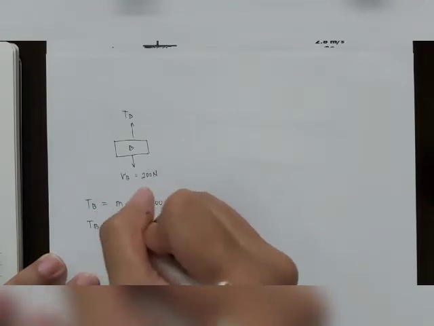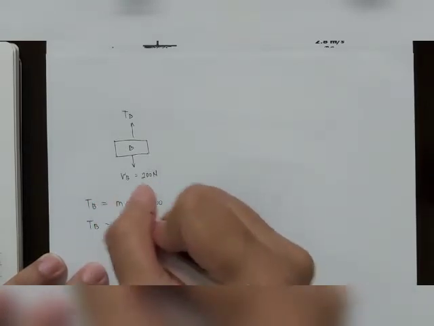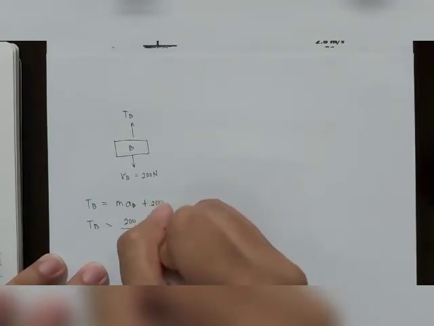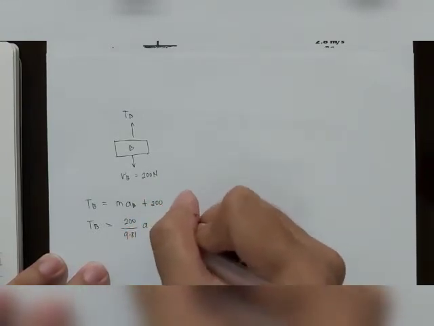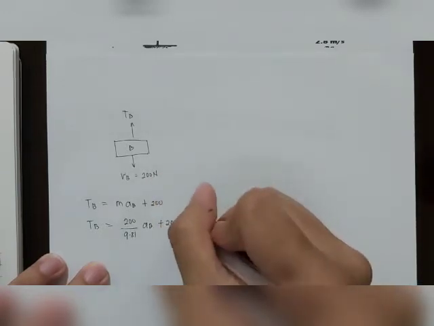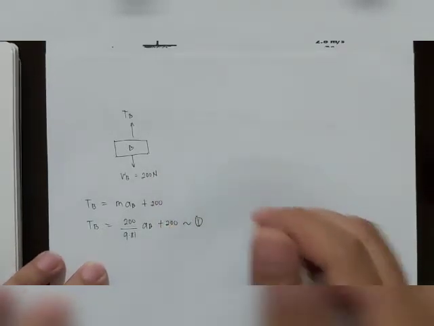So we have tension B is equal to mass, that is 200 all over the gravity 9.81 times the acceleration of B plus 200 Newton. So this is equation 1.